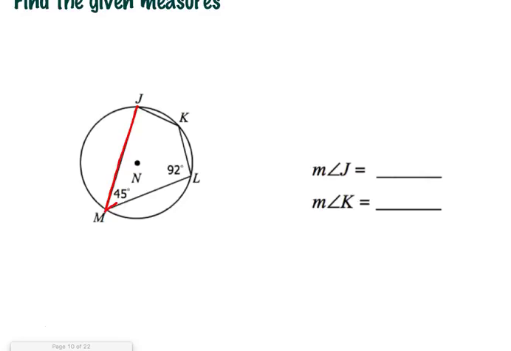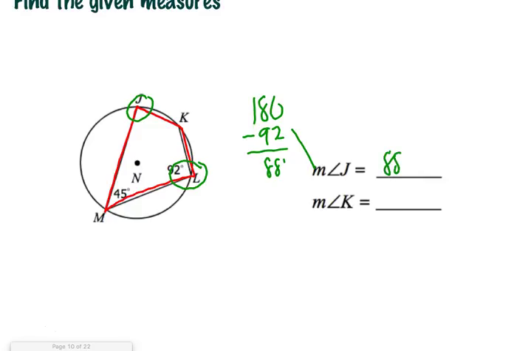Do we agree that this is a quadrilateral inscribed in my circle? Yes, good work. Now opposite angles are supplementary. So that means angle L and angle J equal 180. So for this guy, 180 minus 92 is going to give me 88 degrees. Good job.